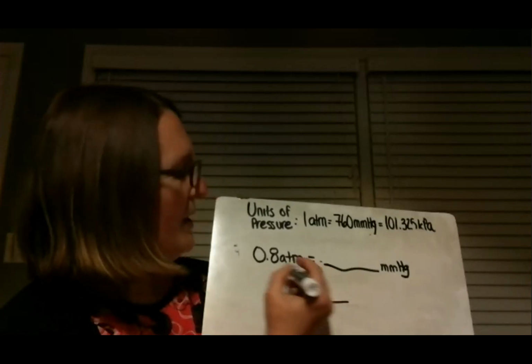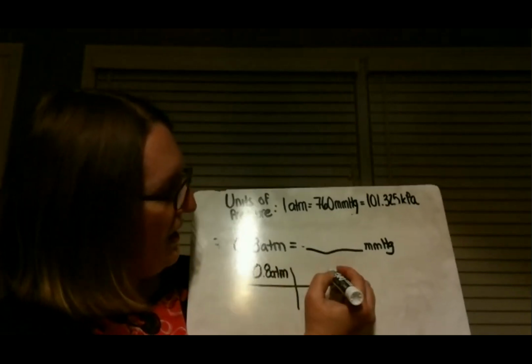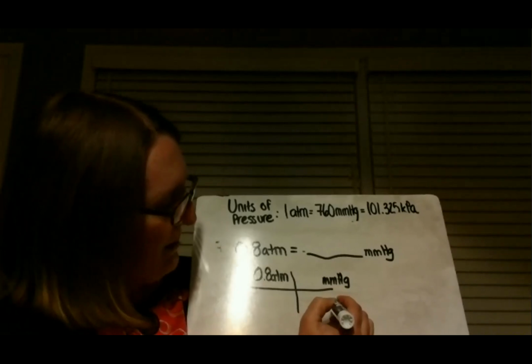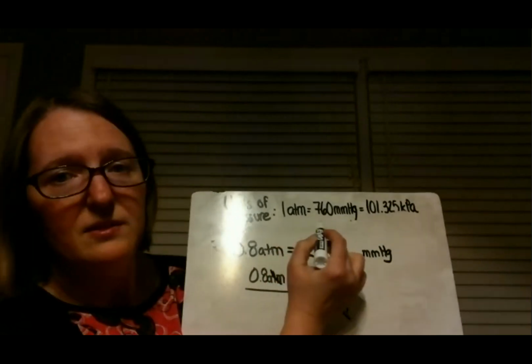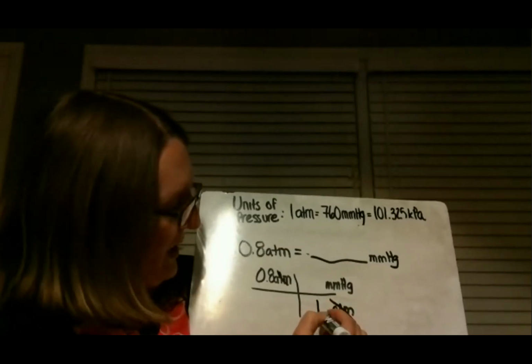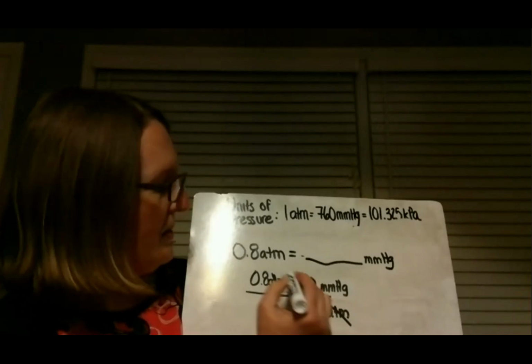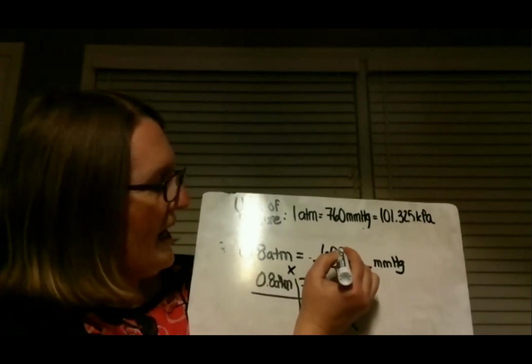I'm going to start with what I know, 0.8 atmospheres. I want to get to mmHg, and atmospheres has to go down here so I can cancel them. So I'm going to look up here. 1 atmosphere equals 760 mmHg. So I'm going to multiply these two, and I'm going to get 608.